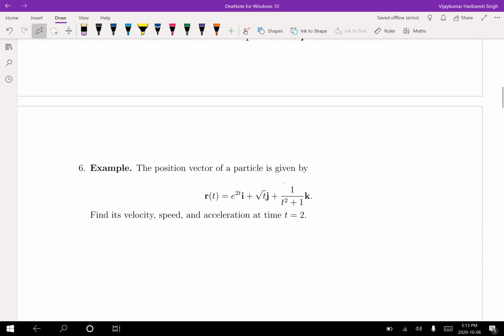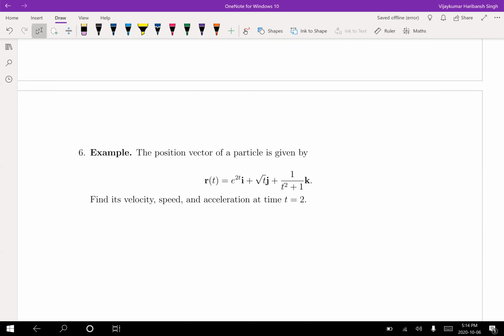Suppose we are given the following. The position vector of a particle is given by r of t, which is given by the following equation. Find the velocity, speed, and acceleration at time t equals 2. First we'll compute r prime of t, which is the velocity vector.